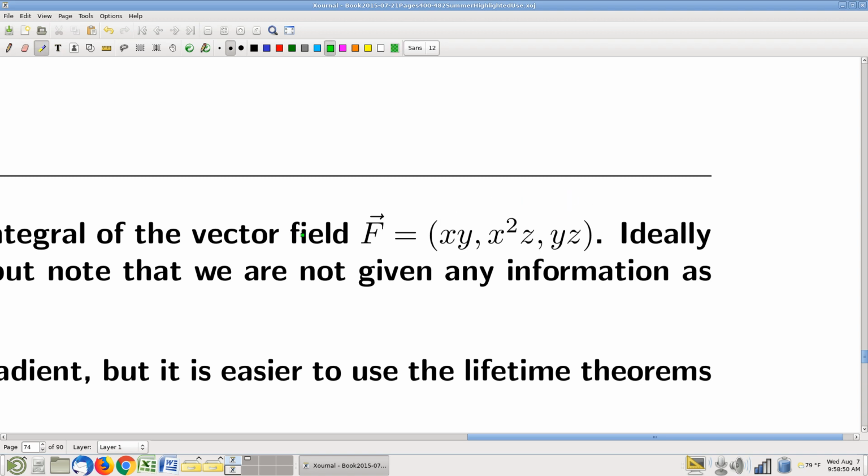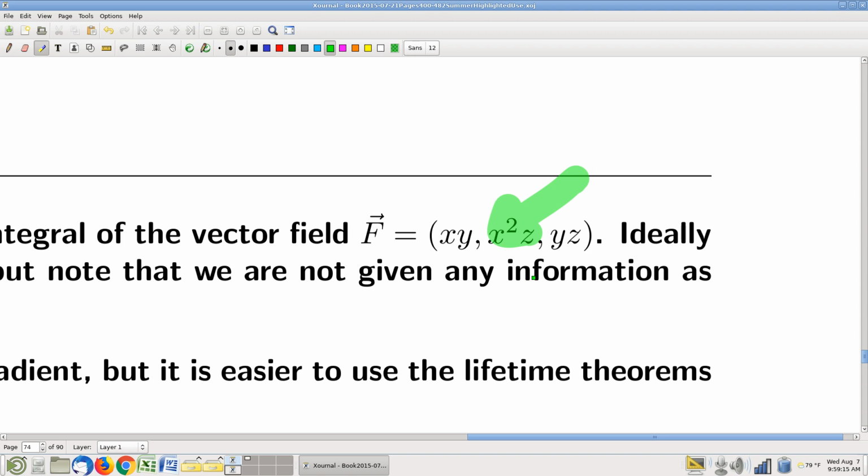So without even writing anything down, in your head you can say that first component's going to be the y partial of that, that's clearly z, minus the z partial of that, which is clearly x squared. You've got z minus x squared. You didn't even have to write anything down. It's really easy. In your head, boom, that's not 0, game over.